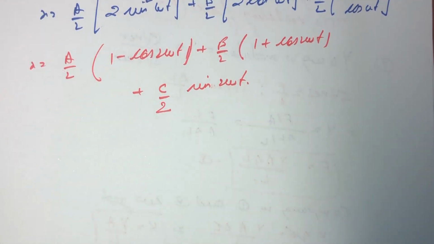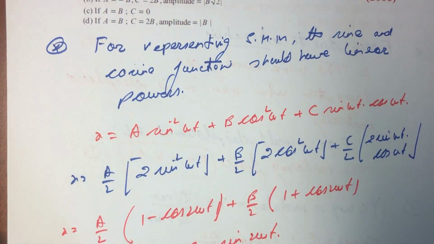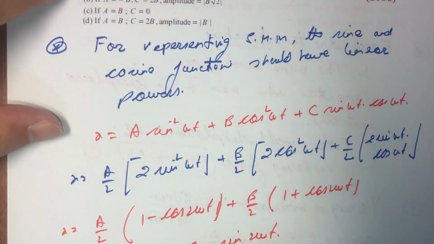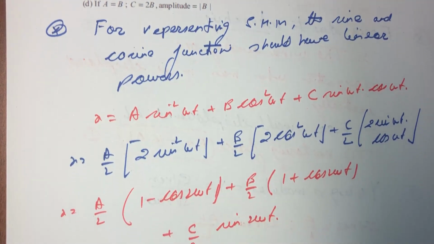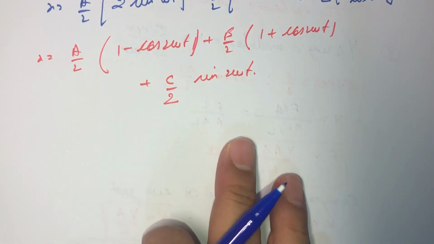And let us verify the options one by one, substituting values of a, b and c according to the given condition, and try to sort out what the final expression for x is.